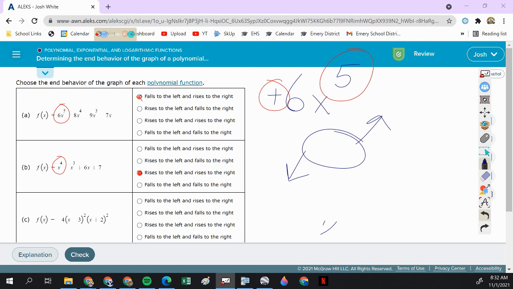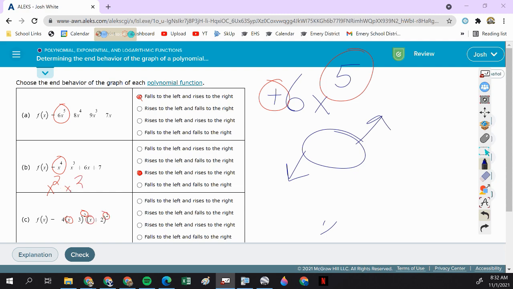Okay. Now the next one is kind of confusing. How many x's are there? There are 4. How'd you get 4? So this x is squared, so that's 2 x's. And this x is squared, so that's 2 more x's.